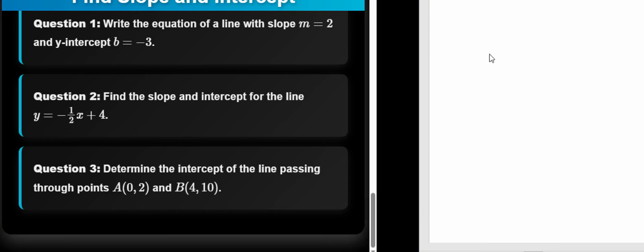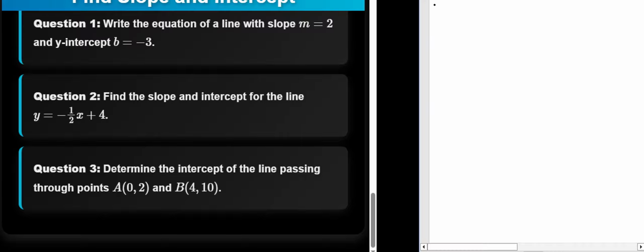And now that we know the gradient, we can try the same with the coordinates of B and see if we get the same line. So y is equal to mx plus c, and I already know the gradient is 2.